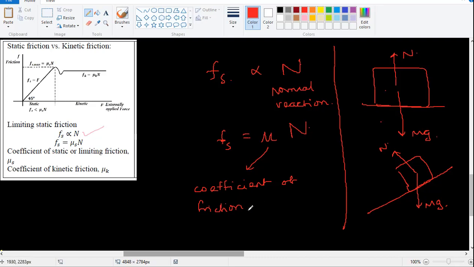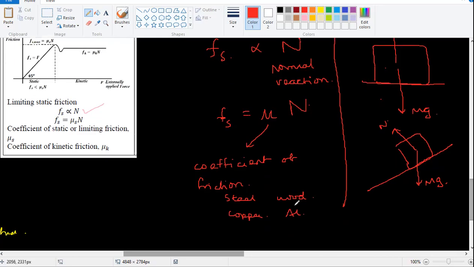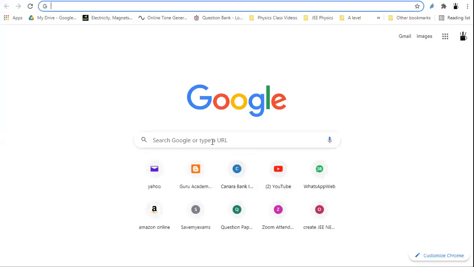It will give it for a combination of materials, steel with wood, copper with aluminum, something like this. There will always be a combination, and then they will give you the mu value. You should understand why it is a combination, because friction depends upon both the surfaces, not just one single surface.